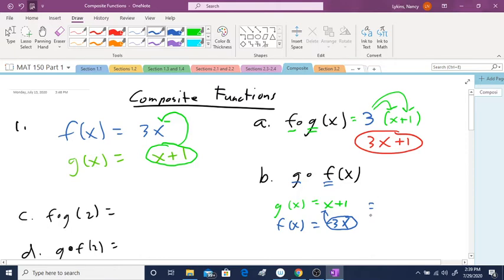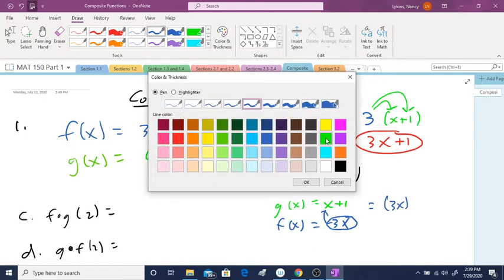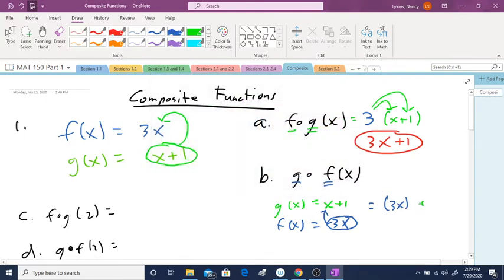So that means that x is now really 3x, but I still have that plus 1. So in this case, my answer is 3x plus 1.